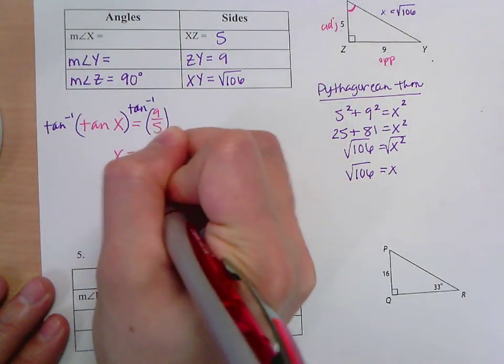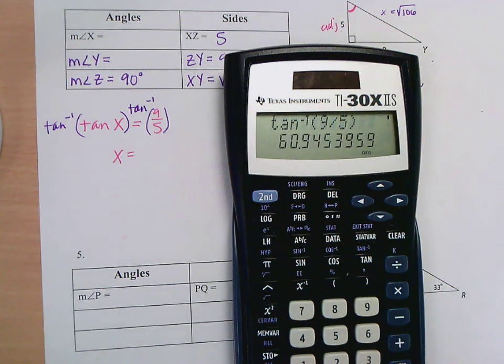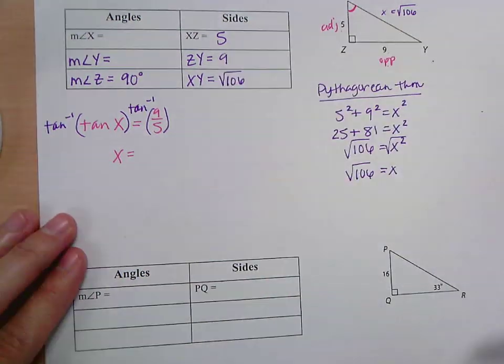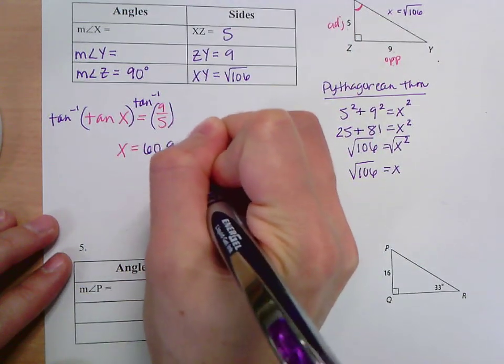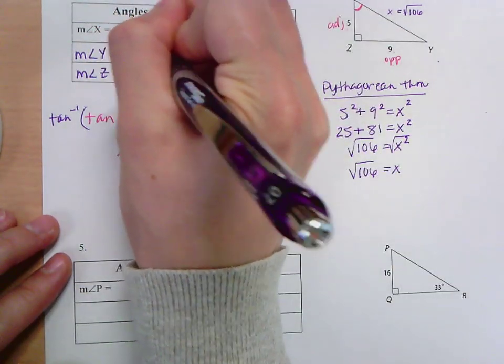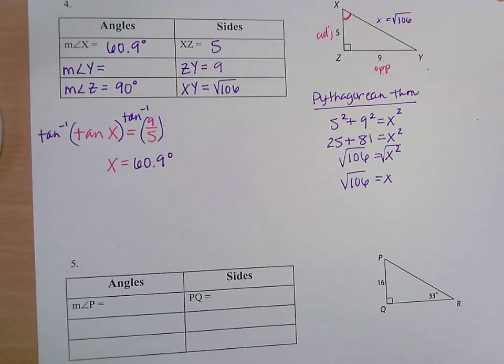So the measure of angle X will be the inverse tangent of 9 divided by 5. Now angles, this I obviously have to round, so we'll still do 1 decimal place, 60.9 degrees.